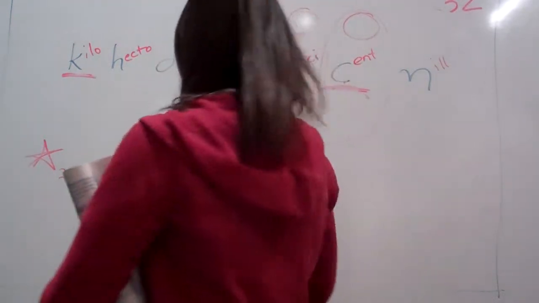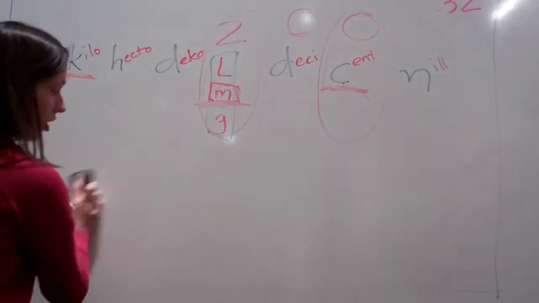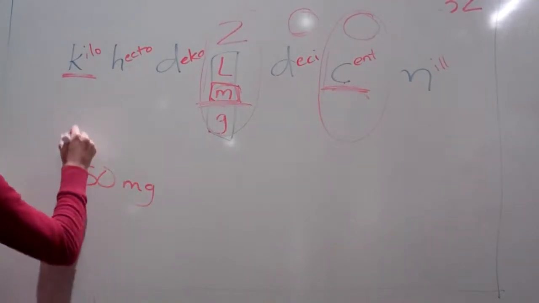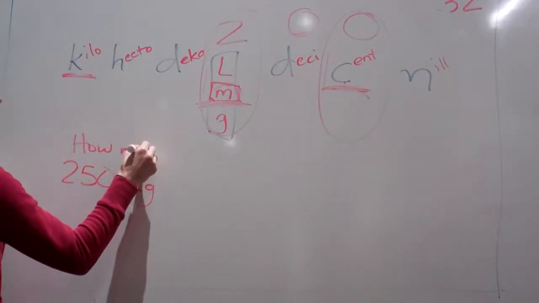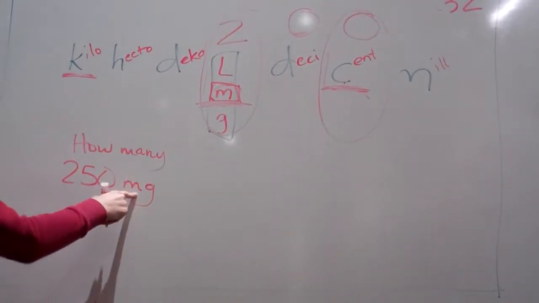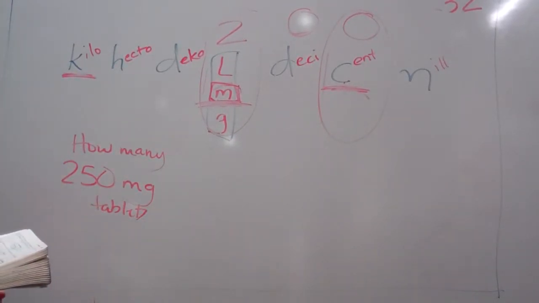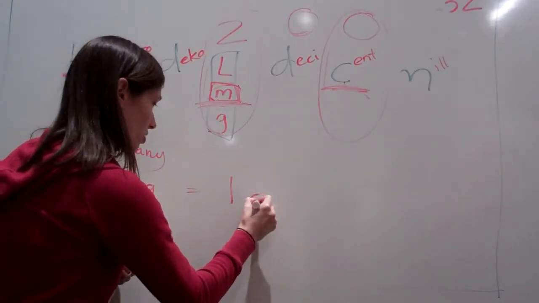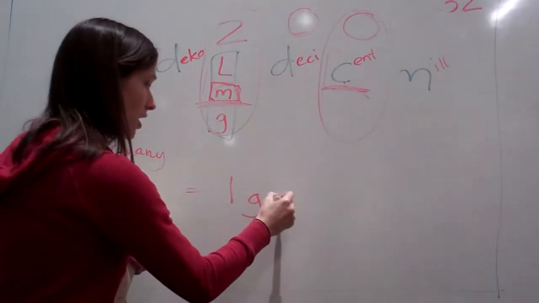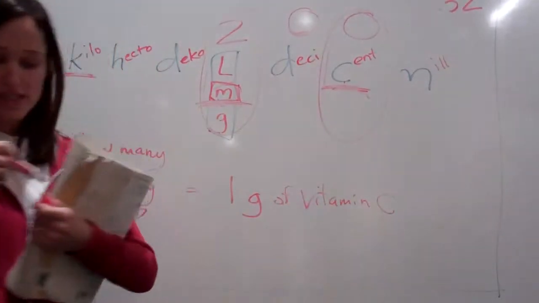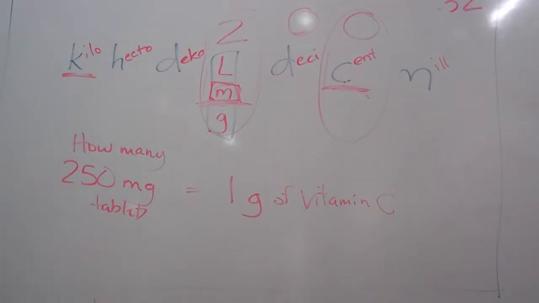I'm going to write down some information. It says, how many 250 milligram tablets equal 1 gram of vitamin C? What is my problem? What is my struggle? What's wrong?